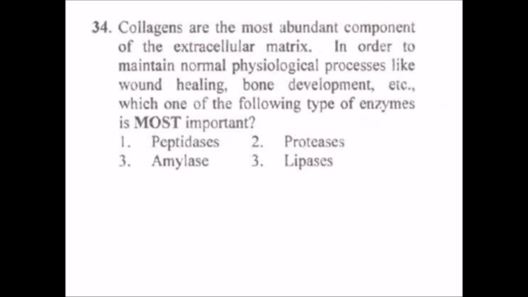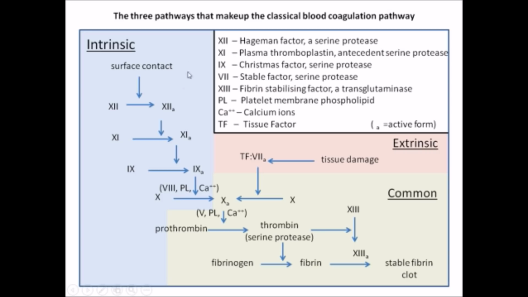Yes, the next question is, collagens are the most abundant components of the extracellular matrix. In order to maintain normal physiological processes like wound healing, wound development, etc., which of the following types of enzymes is most important? This is basically proteases, because now let's concentrate on wound healing. What happens during that process when the surface gets wounded? There are certain cascade mechanisms which carry out all the processes during wound healing.